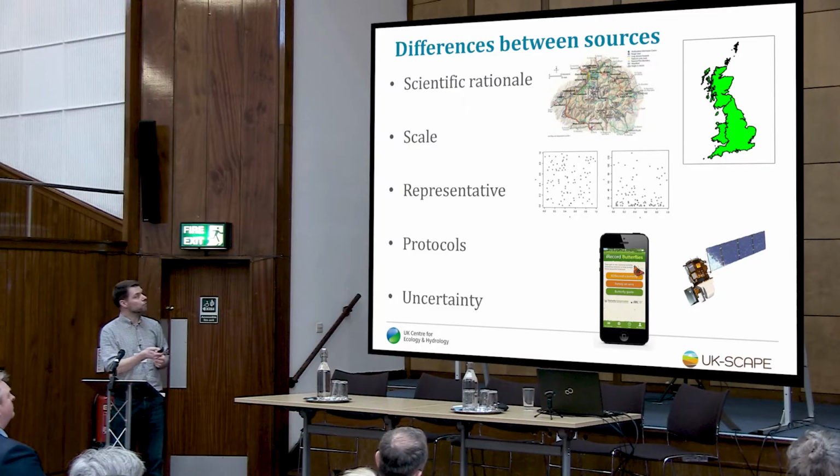Are the schemes all recording cover data, for example, if they're going out doing vegetation quadrats, or is it just presence/absence? What scale is that at? And I put uncertainty by that, thinking about observer error or issues such as that, the quality of the information, if you like. So all these things differ across the schemes.